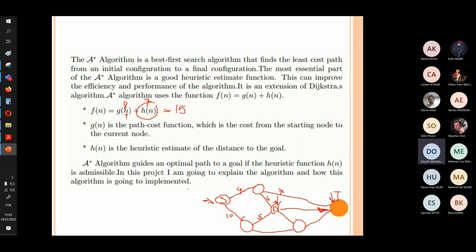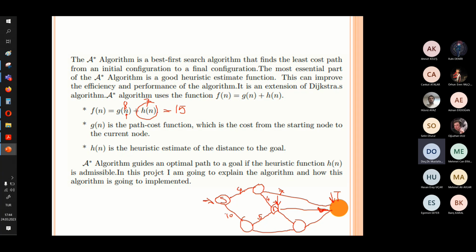So A star doesn't guarantee you the best solution, but it usually finds the best solution. It is because it has an unknown situation, some estimation that may lead you in some other direction, and you may not find the optimal solution, but a near optimal solution. Therefore, what we should know is that Dijkstra definitely calculates the shortest distance from source to any target node.